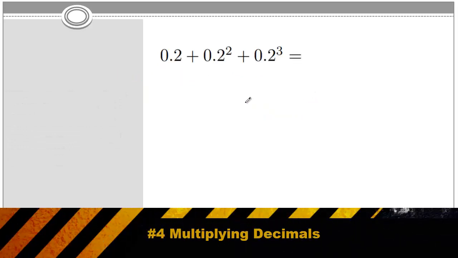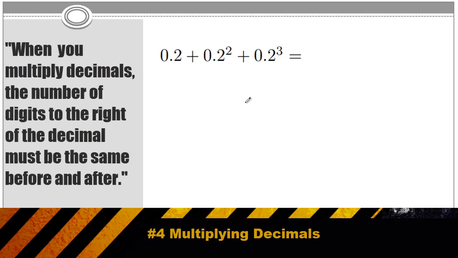You should also be familiar with the rules for multiplying and adding decimals. When you multiply decimals, you need to make sure that the number of digits to the right of the decimal is the same before and after you multiply. So in this case, we want to simplify this 0.2 squared and this 0.2 cubed.